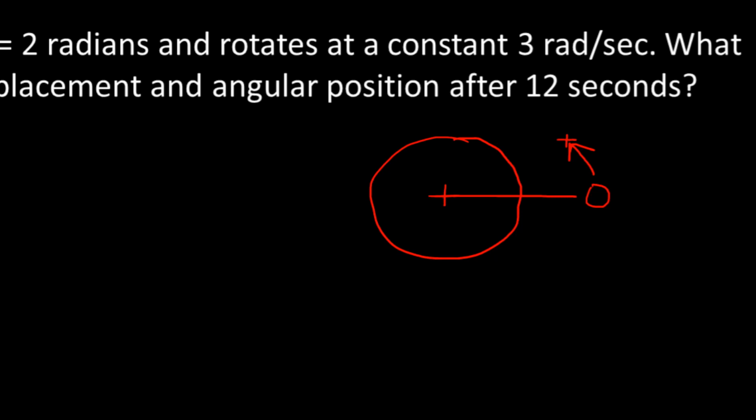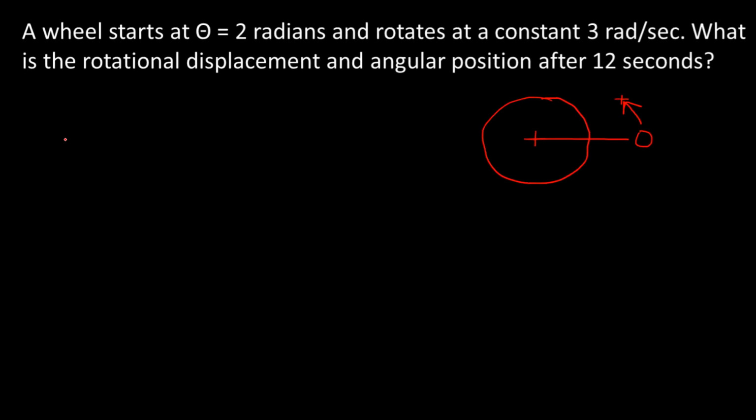Let's go ahead and get started. What do I want to look at here? What is my rotational displacement and my angular position after 12 seconds? So I'm looking at my rotational displacement and then my final angular position after 12 seconds. What am I given?